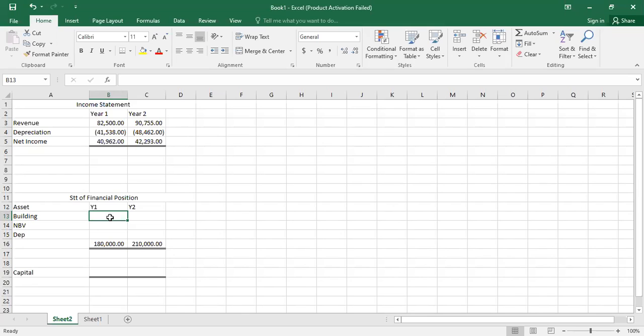I'm asking which figures am I supposed to set aside as figures for depreciation? You already have the figure for depreciation. In our case here, it is 41,538. Don't keep quiet, and the time is not on our side. So what will be the NBV? You work backward.